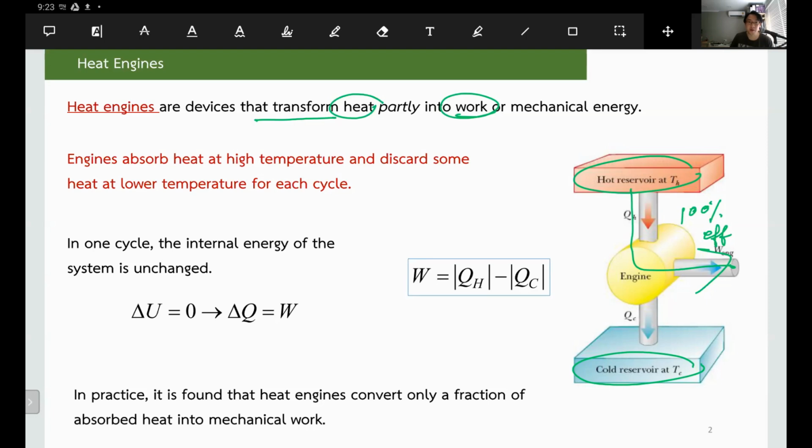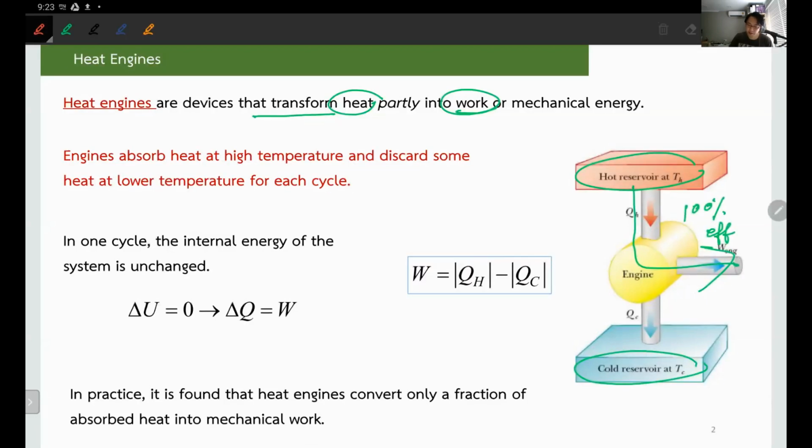That's impossible. So some of the heat that you draw in from the hot reservoir, which is a source of energy at a higher temperature, will get dumped out at the colder one, and you only get a part of it.